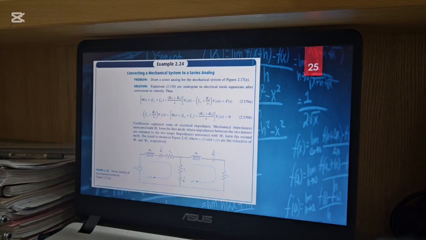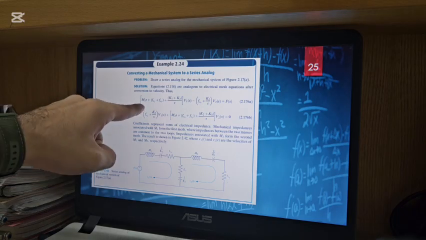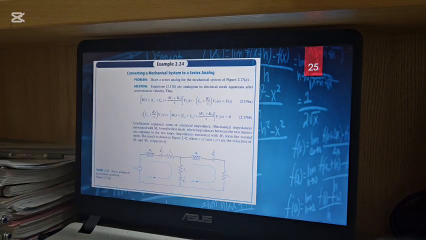The mesh equation we have here is (Ms plus fv plus fv1 plus fv2 plus (K1 plus K2) over s). So this is the equation, and after that we will simplify and take the common factor, and we have another equation.